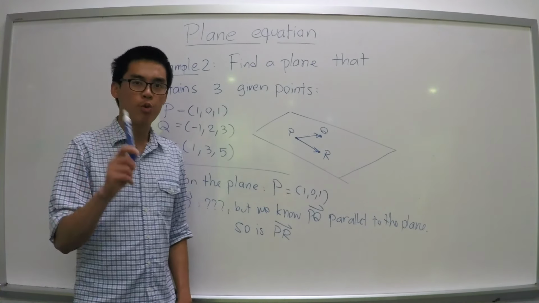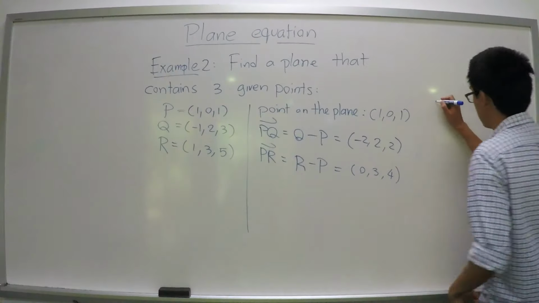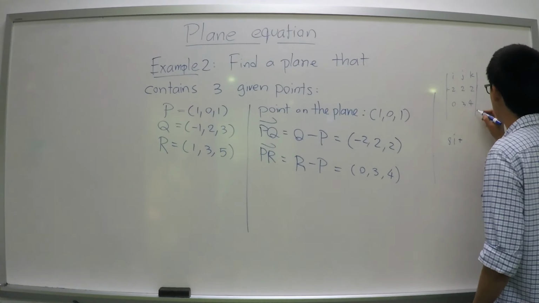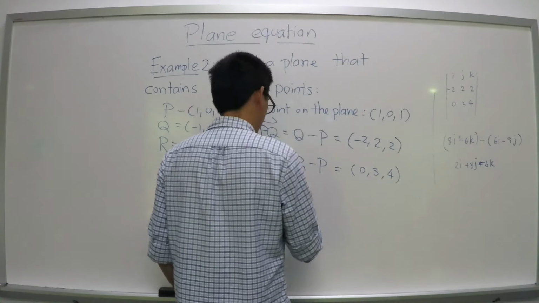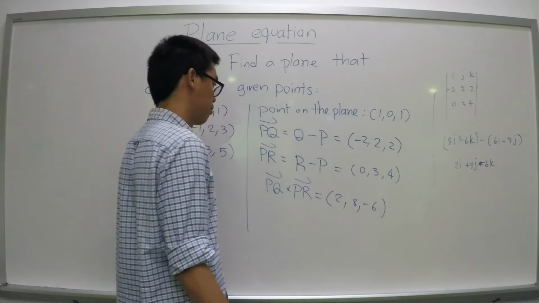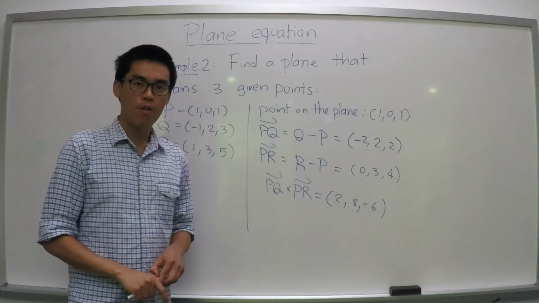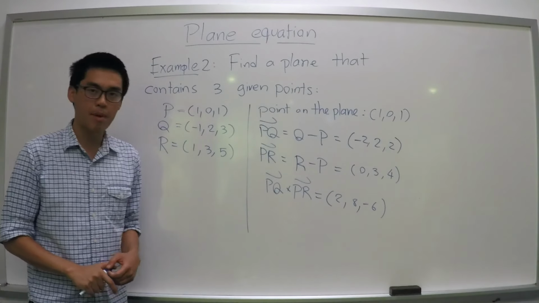Likewise, PR is R minus P. We want to use PQ cross PR as our normal vector. So we compute the cross product between these two vectors.